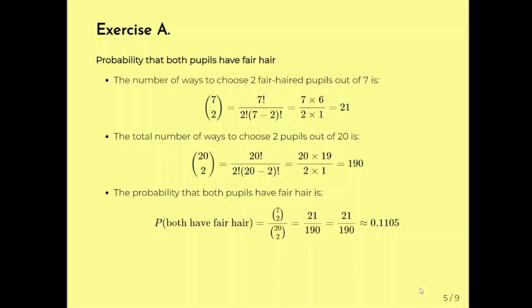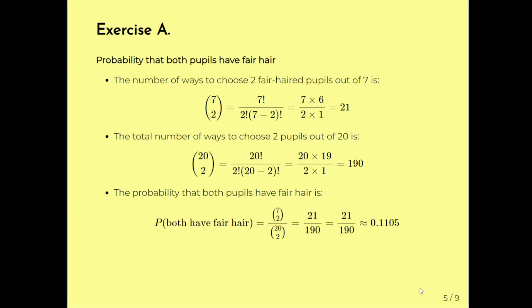Here n is 7, k equals 2, and n minus k is 7 minus 2, which is 5. 7 factorial divided by 5 factorial gives us 7 times 6. So we end up with 7 times 6 divided by 2 times 1. That is 21. So there are 21 ways to choose 2 fair-haired students out of 7.